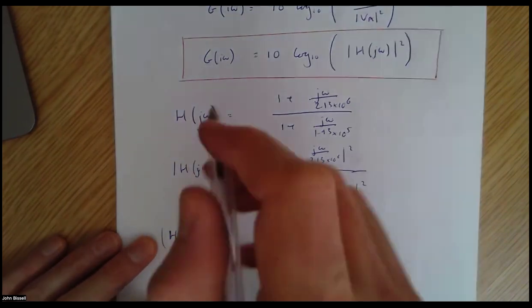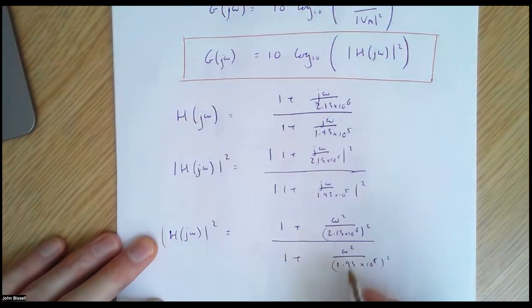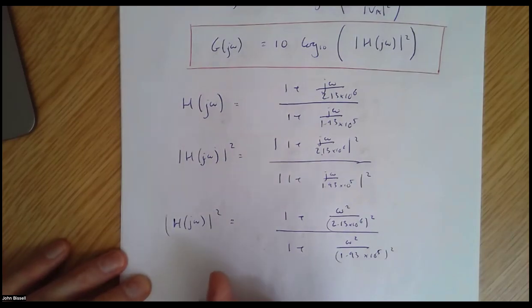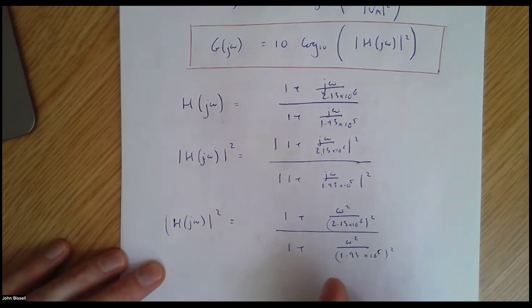Okay. And because we've taken the moduli here, we don't need to worry about the complex part. So the gain then is 10 log to base 10.